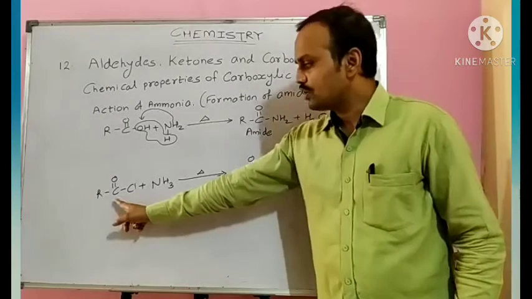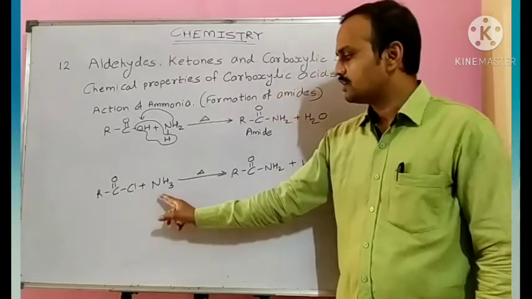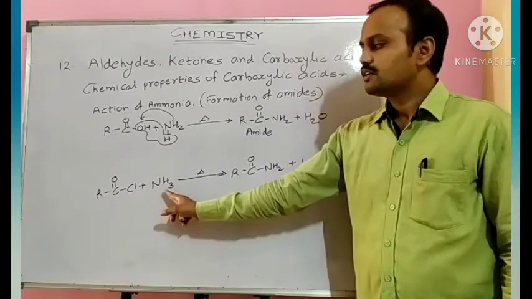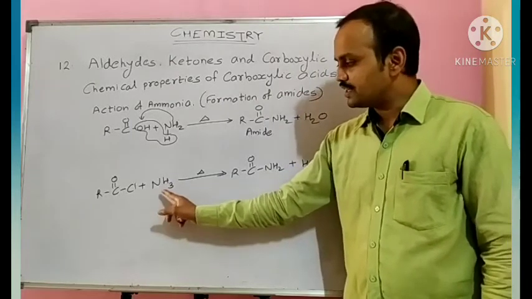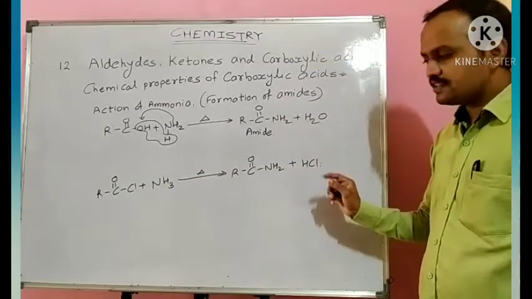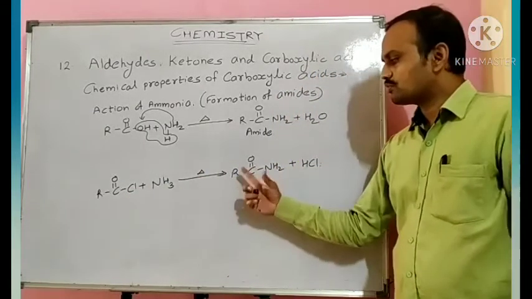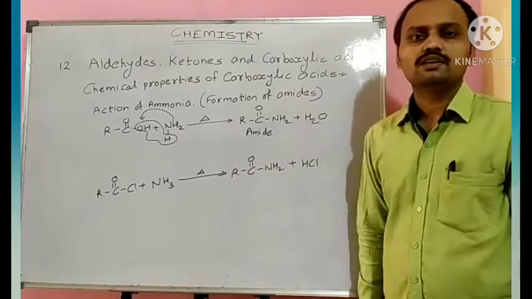Similarly, we have acyl chloride. RCOCl is the acyl chloride plus ammonia. Again hydrogen gets separated and goes with chlorine, that is HCl is the byproduct, and our main product will be RCONH2, which is again amide.